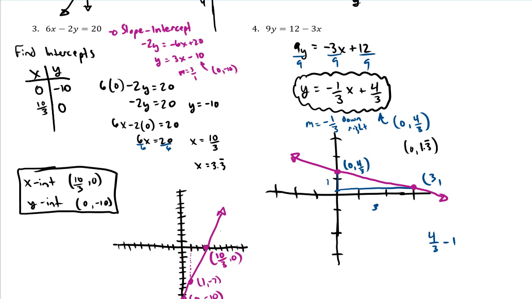So that would be just subtracting 1 from the 4/3. And we can get a common denominator. And eventually we get 1/3. Okay, so down 1 from 4/3 is 1/3. Our right 3 is that 3. So there's our point (3, 1/3) in case they need the actual points along with the graph. Okay, so if it's not just a quick sketch, if they want those points with it, we've got them.